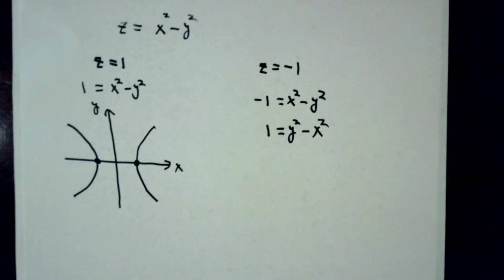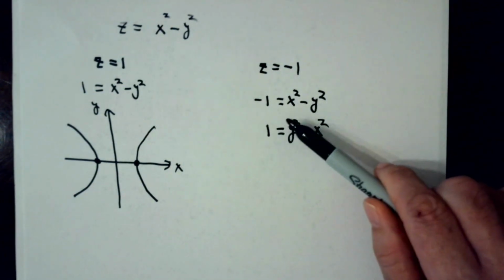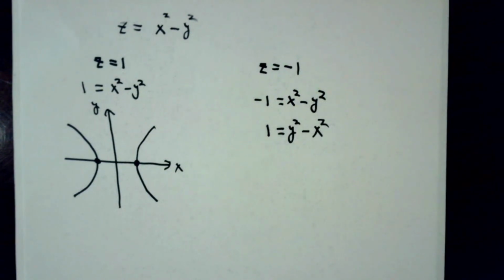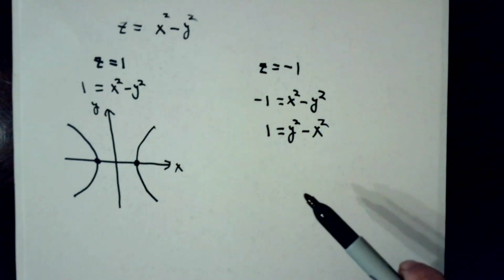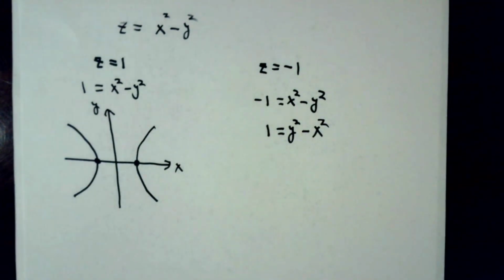If z is negative 1, then negative 1 is x squared minus y squared. I'll multiply both sides by negative 1 to put it into the more convenient form for a hyperbola. Y squared minus x squared would be 1.